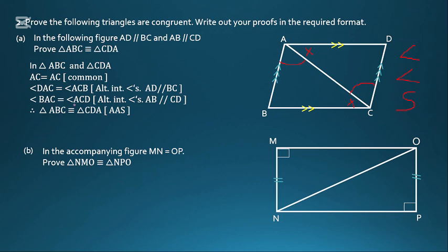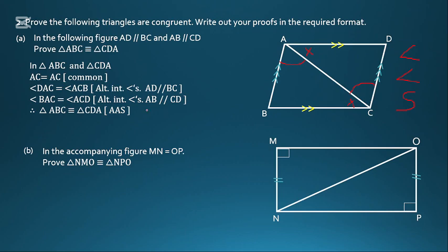So we have a side and two angles, and for that reason, therefore, triangle ABC is congruent to triangle CDA, and we write it in the correct order: angle, angle, side.